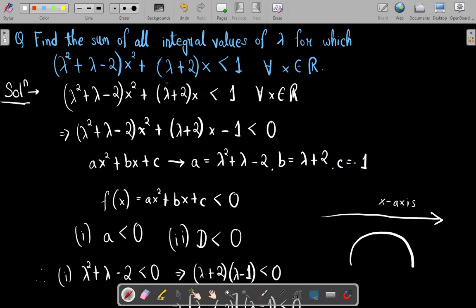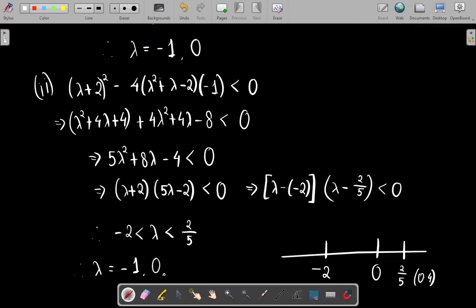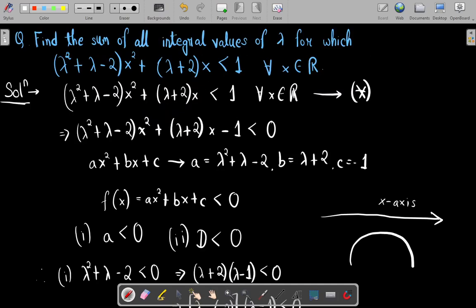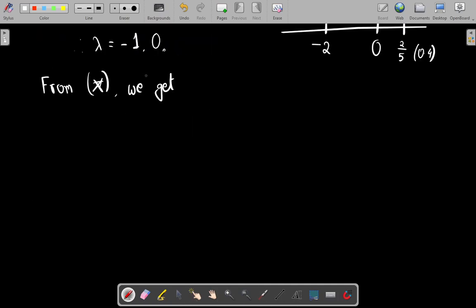But now let us focus on this given inequality one more time. If I write this equation to be star, from star we get lambda square plus lambda minus 2 times x square plus lambda plus 2 times x.